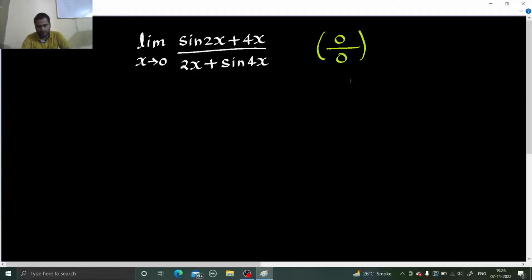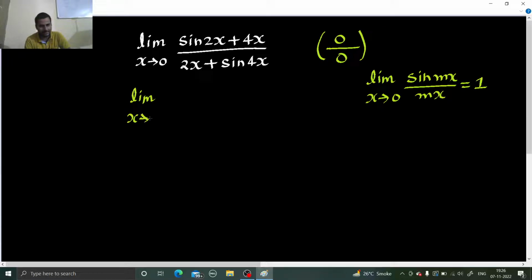If you want to involve trigonometric limit, because only sine is there, limit x tending to 0 of sine mx divided by mx is 1. So if we want to create a scenario like this, we can divide by x in both numerator and denominator.